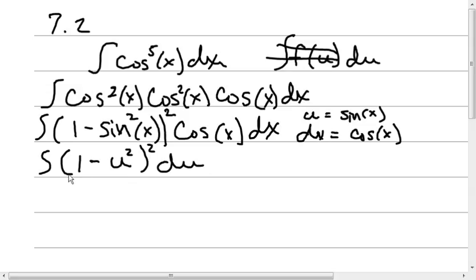But we're first going to need to FOIL this term out here. So let me do that real quick, and then we get 1 minus 2u squared plus u to the fourth du.